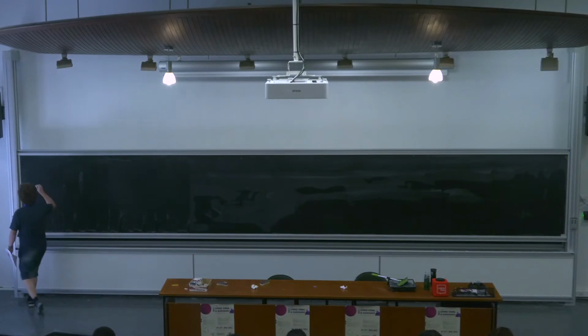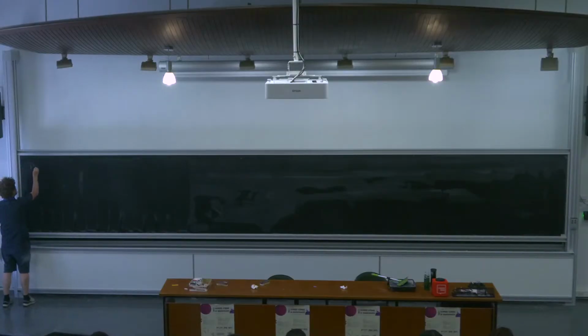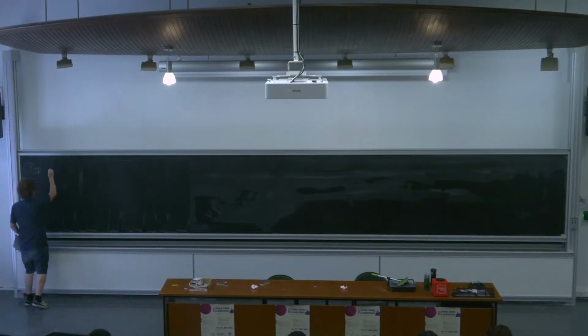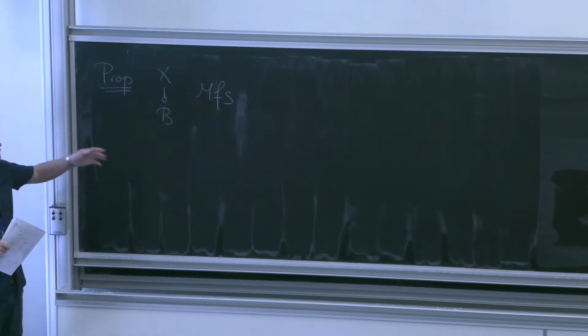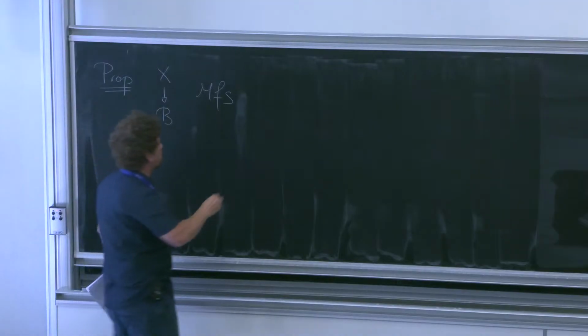So the main result today is this proposition that will serve to prove the theorem of yesterday. You take a Mori fiber space. In our case, it means Fn to P1 or P2 to a point.